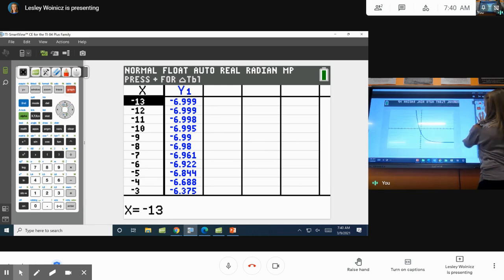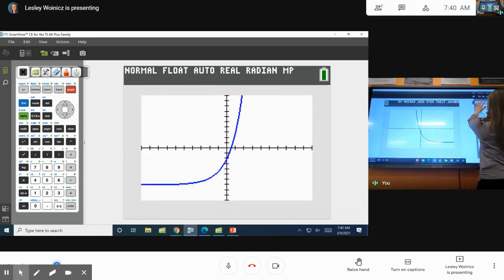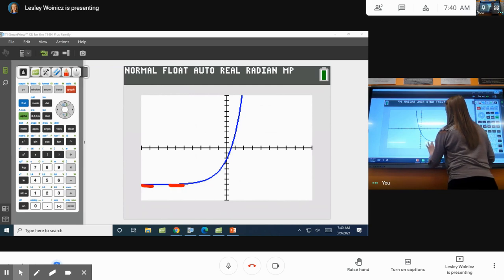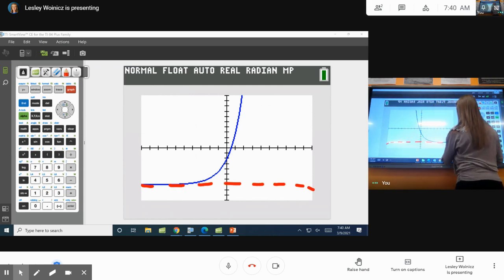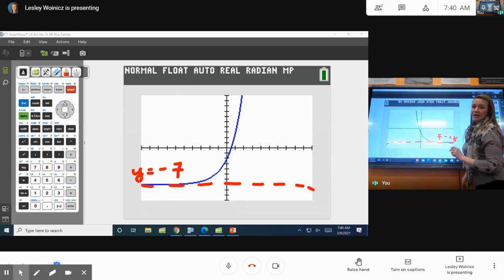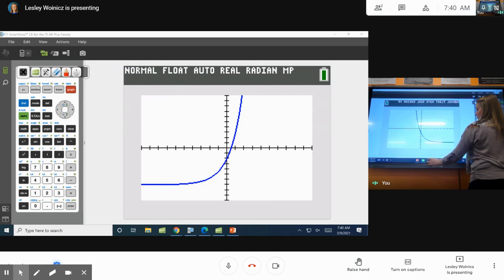Look at that graph again. Sorry, I misspoke. This horizontal asymptote is at y equals -7. I said -5 and that was wrong. Sorry, my bad.